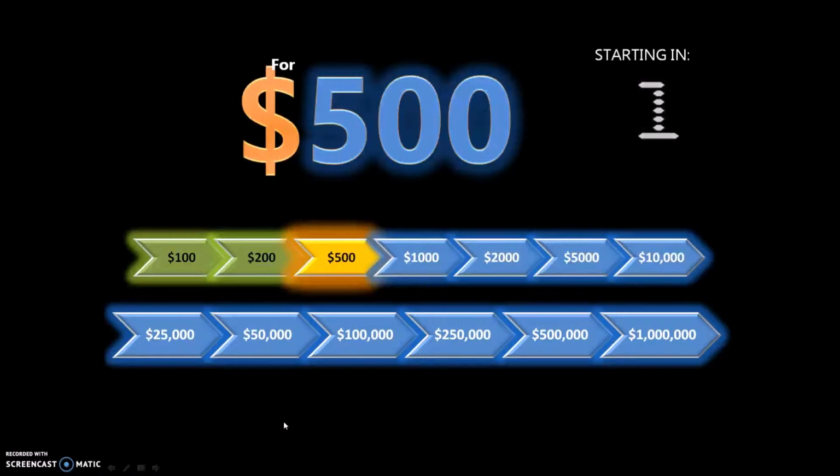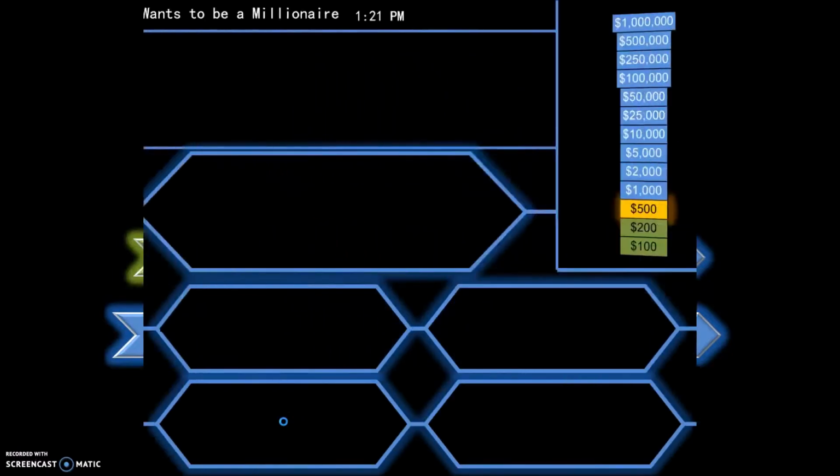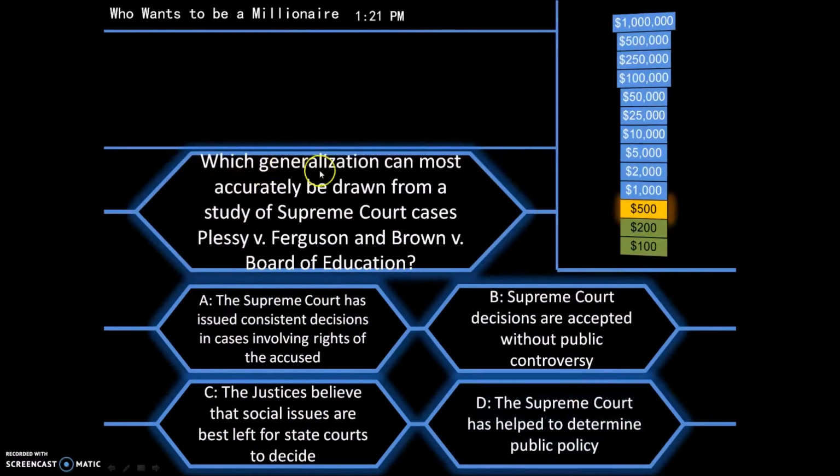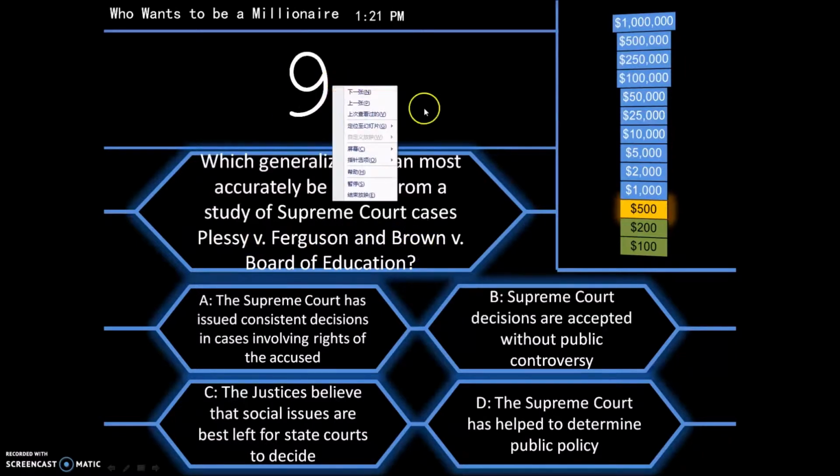Moving on. Which generalization can most accurately be drawn from a study of the Supreme Court cases Plessy versus Ferguson and Brown versus Board of Education? A. The Supreme Court has issued consistent decisions in cases involving rights of the accused. Obviously not, because the decisions for Plessy and the Brown had really different outcomes.